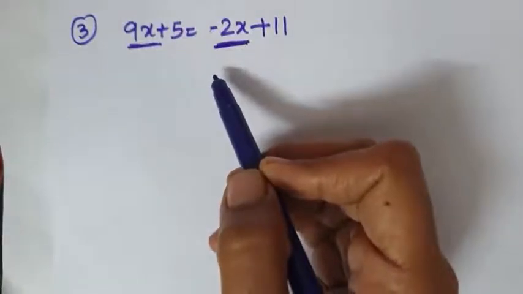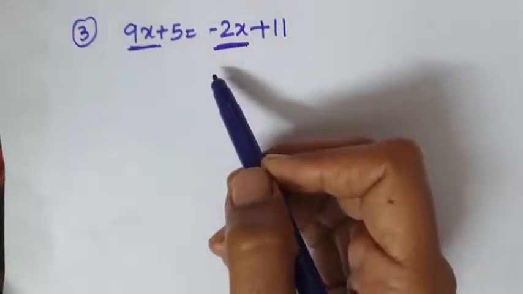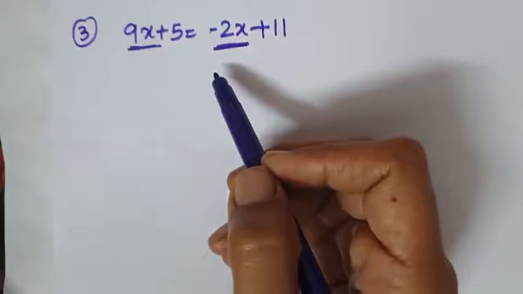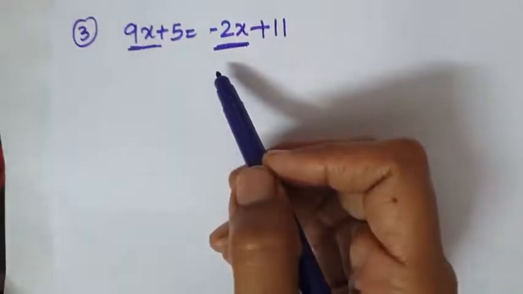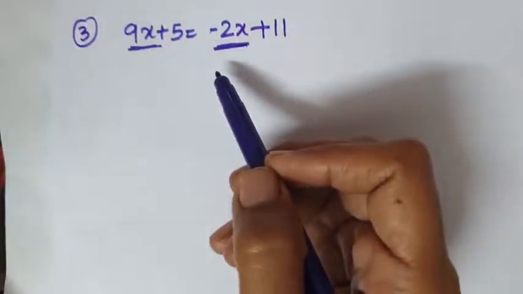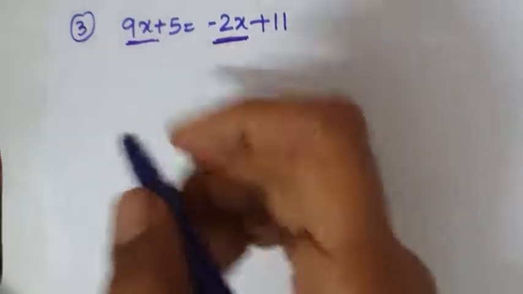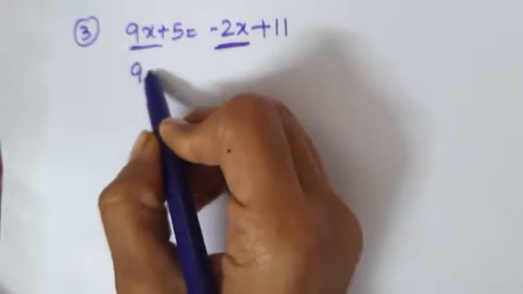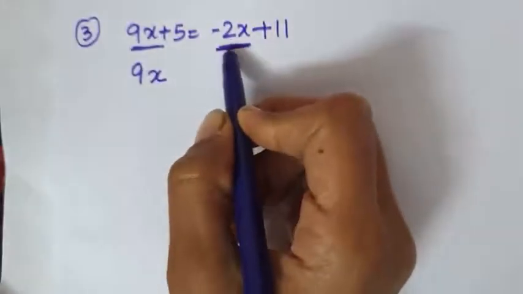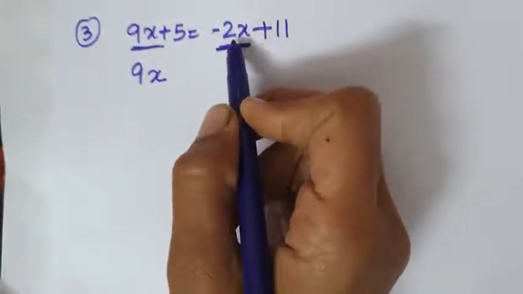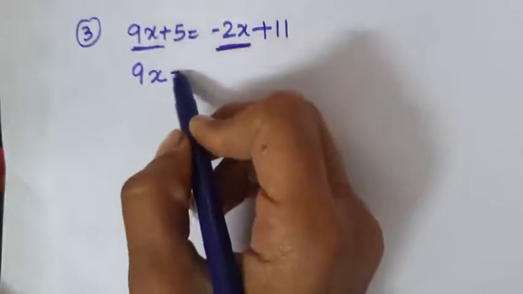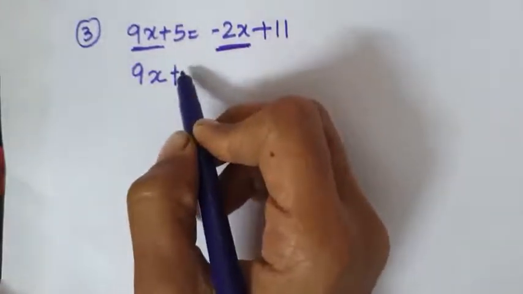So first of all, keep all the terms having variable on one side and the terms not having variable on the other side. That is 9x. Now we have to shift this minus 2x, and on shifting it will get added.